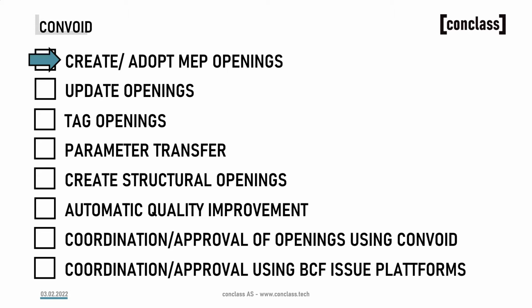Then, I will create structural openings in a structural model based on the doors and windows of the architect. Furthermore, I will talk about the automatic quality improvement which ConVoid runs. The final two chapters are the coordination and approval process in ConVoid and BCF issue platforms.